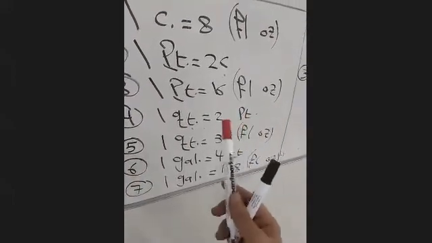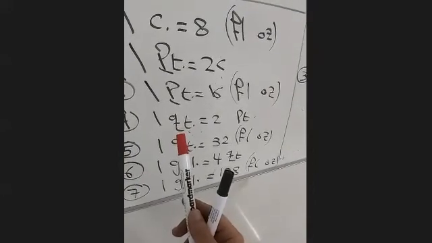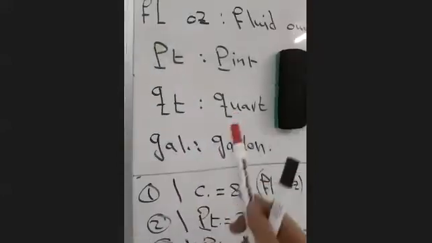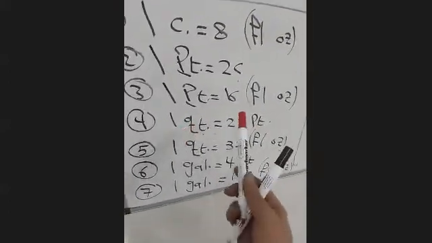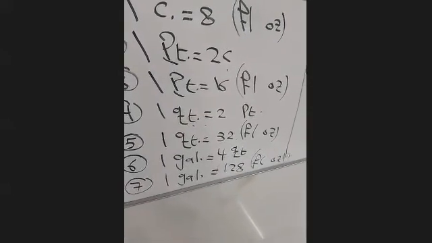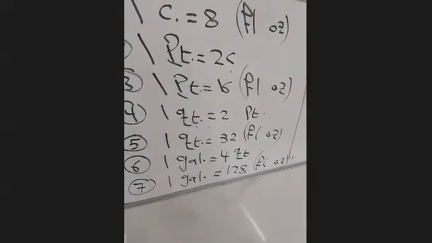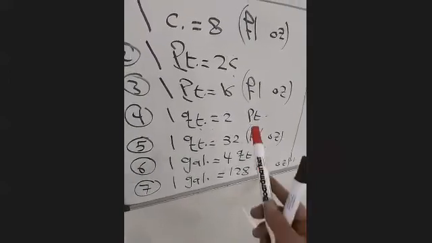We turn pint to where? To quart. How do we turn the given pint to quart? Divide. Divide by what? Divide by 2.